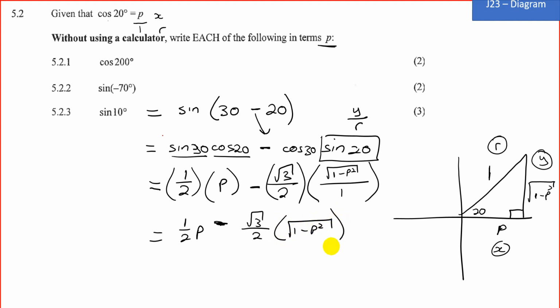We can leave it there, or we could simplify it a little further by finding an LCD, which is 2, and that will give us P minus root 3 times the root of 1 minus P squared, all over 2.